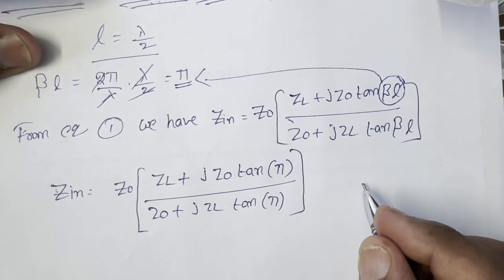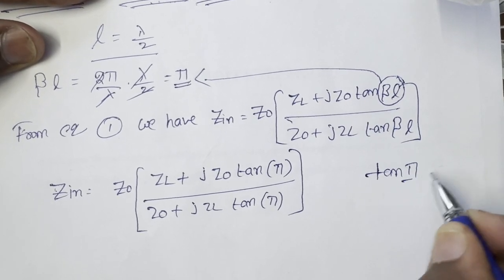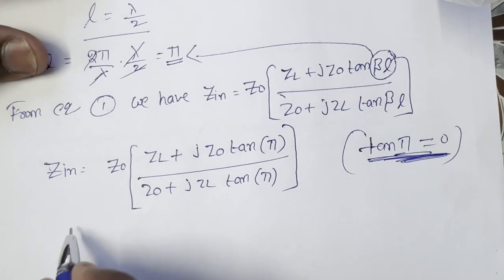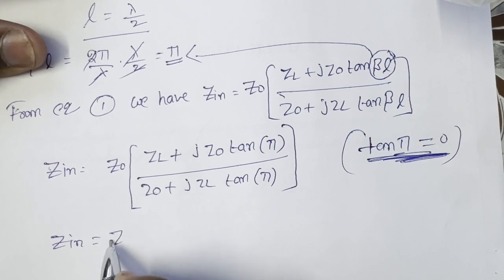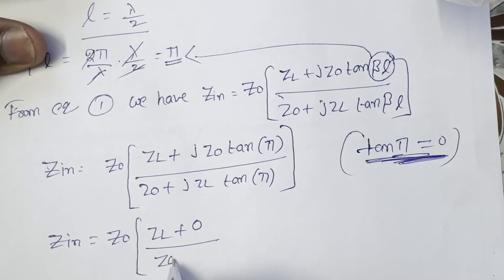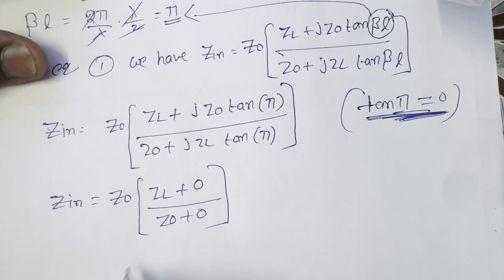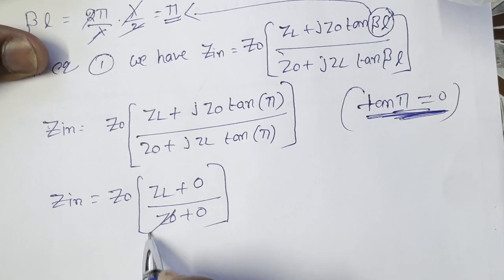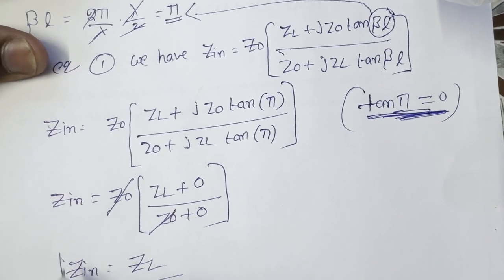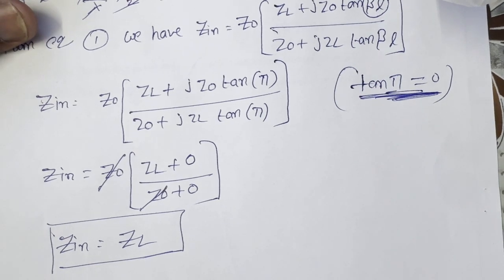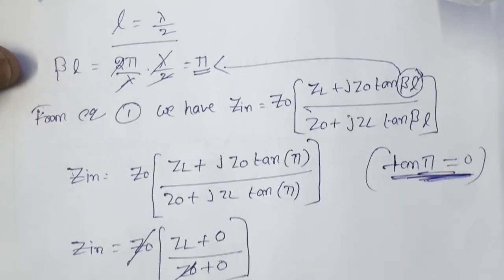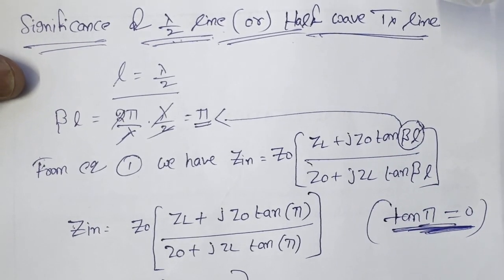We know that the value of tan pi is 0. So directly substitute 0. Then Zin is equal to Z0 into ZL plus 0 by Z0 plus 0. Here Z0 will get cancelled. Then Zin is equal to ZL. This is the importance of the half wave or lambda by 2 transmission line.